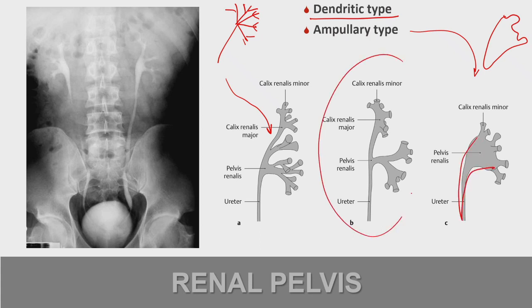And in between is something like this. So those anatomical variants are also important in resections of a kidney.